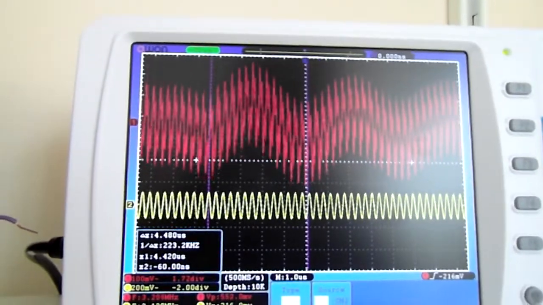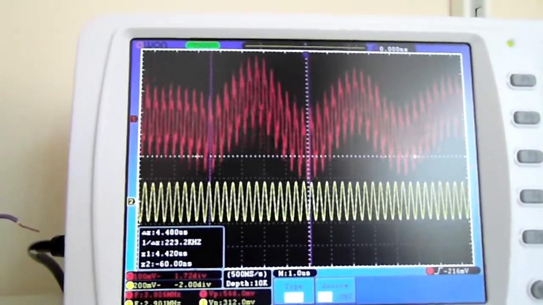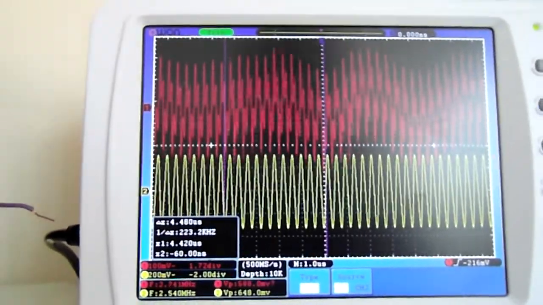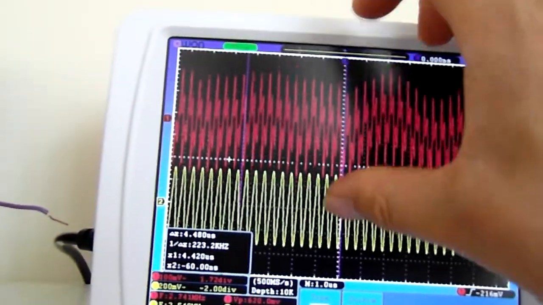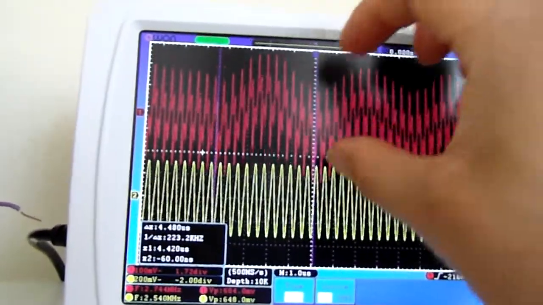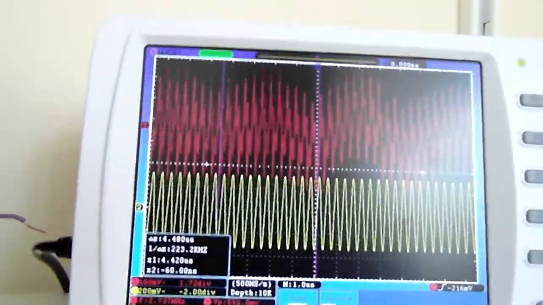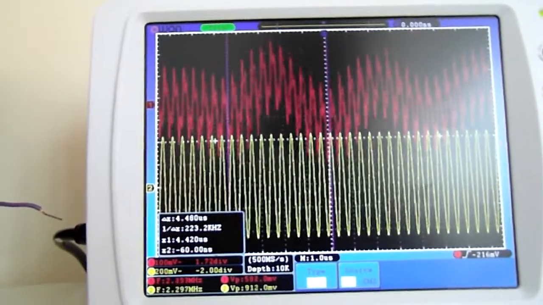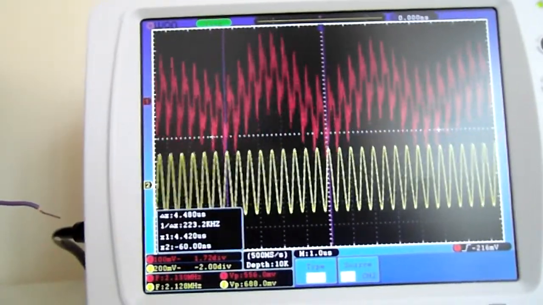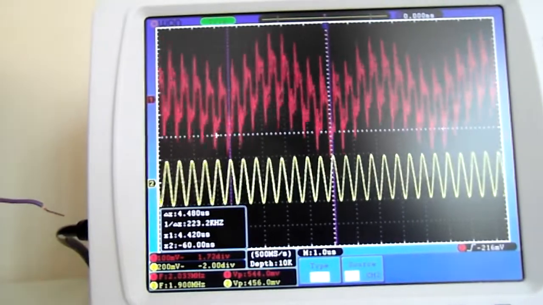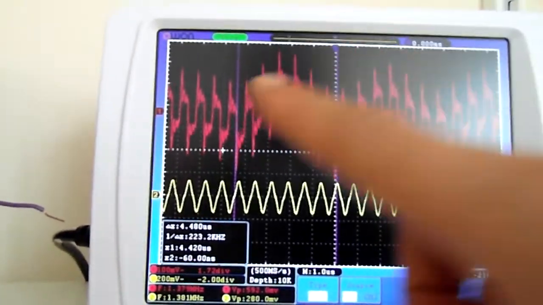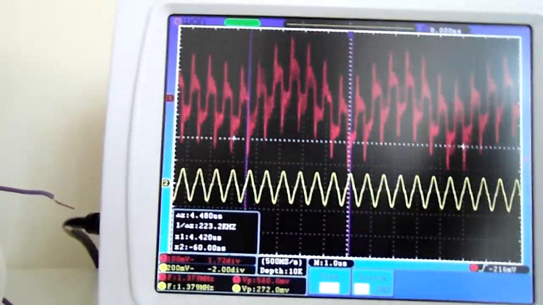It's really interesting. And now the current is increasing, and the amplitude of the output is increasing. Yes, I can understand that's the LC resonance area. But now we are going away from the LC resonance, but this frequency doesn't change.